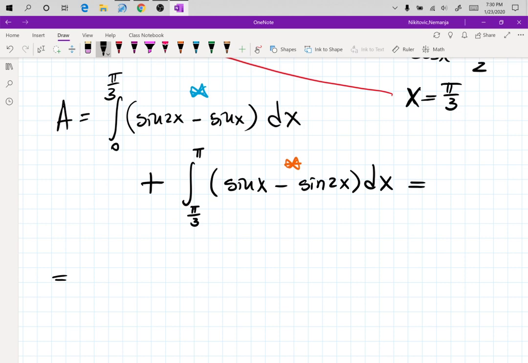Integral of sine 2x is negative cosine 2x over 2. Very good. Minus integral of sine is negative cosine.